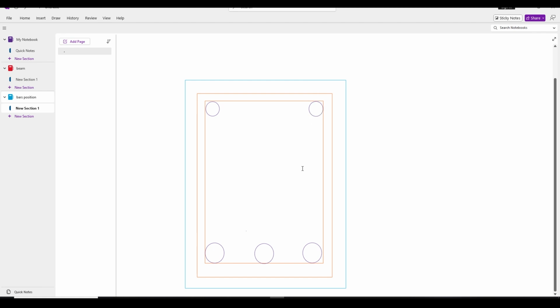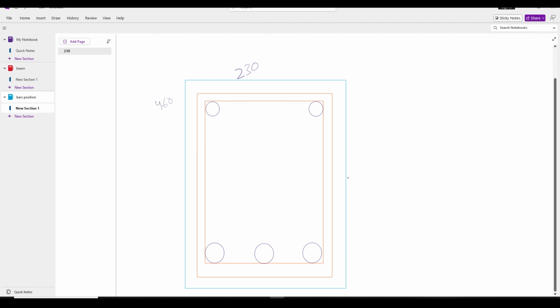So this is a cross section of our beam, and we know this distance is 230 mm and this distance is 460 mm.